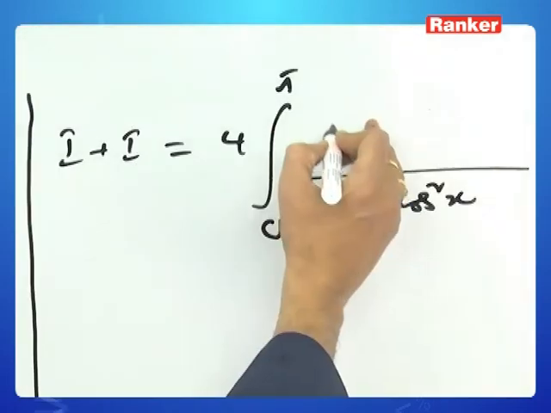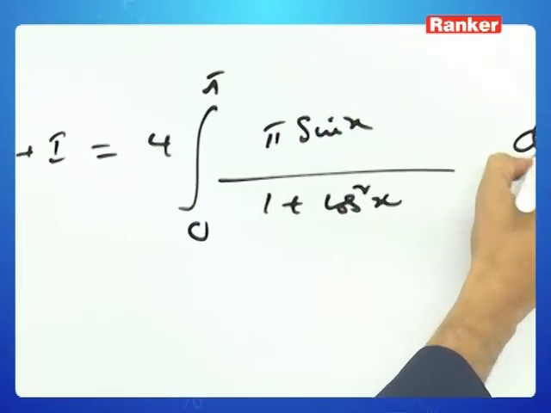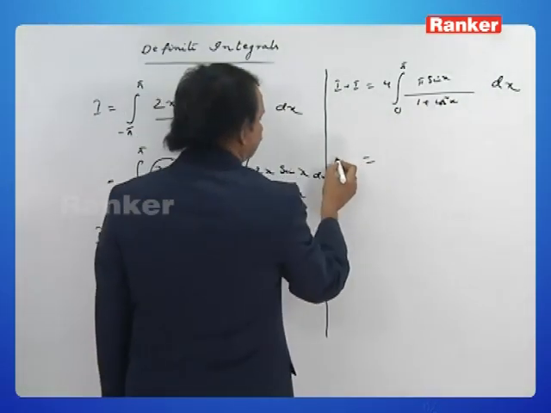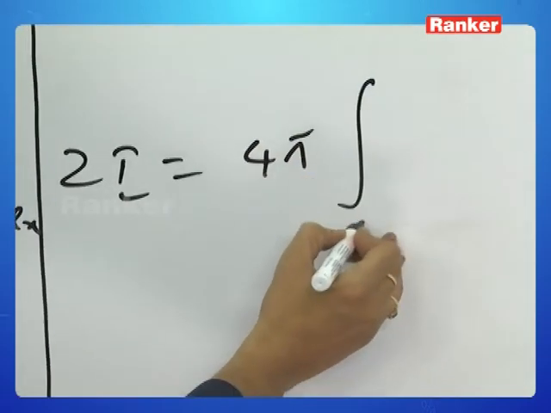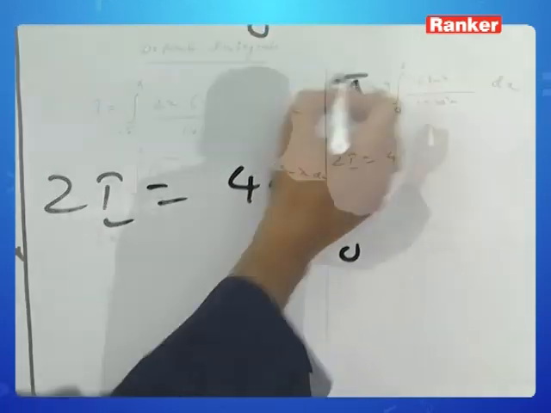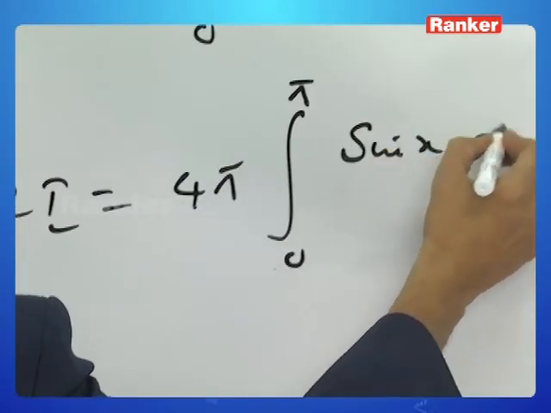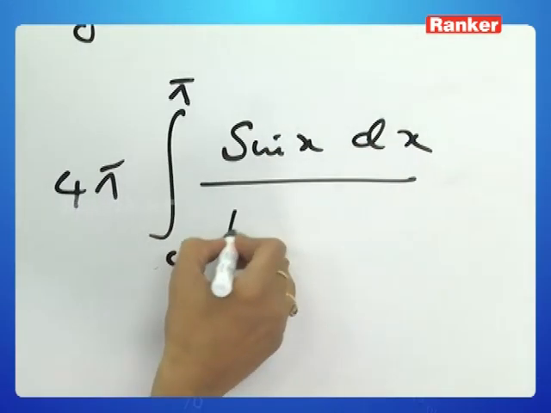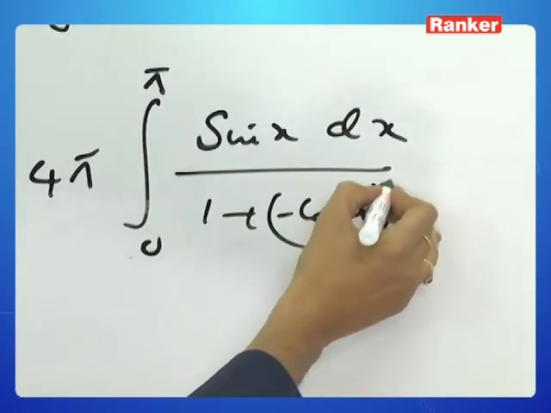Therefore, it is pi sin x dx. Therefore, 2I is equal to pi into integral 0 to pi sin x dx by 1 plus minus cos x whole square.